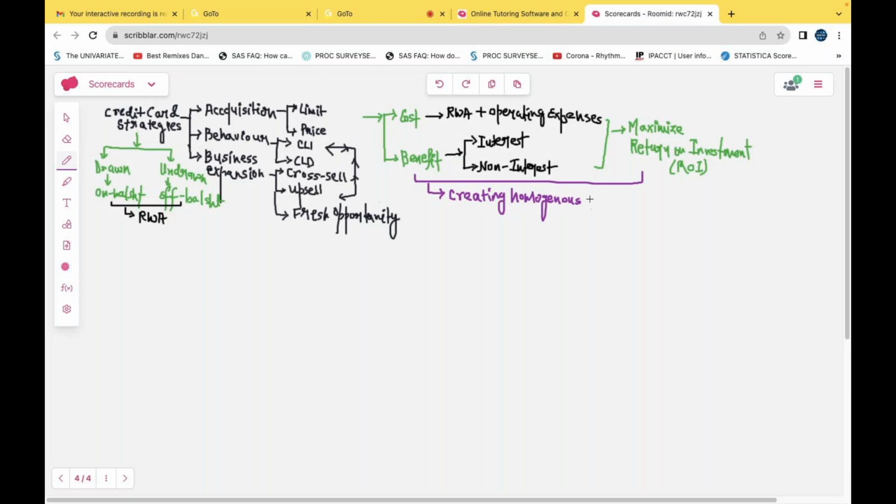So you can always create homogeneous pools of loans based on riskiness, pools of loans with similar risk profiles.